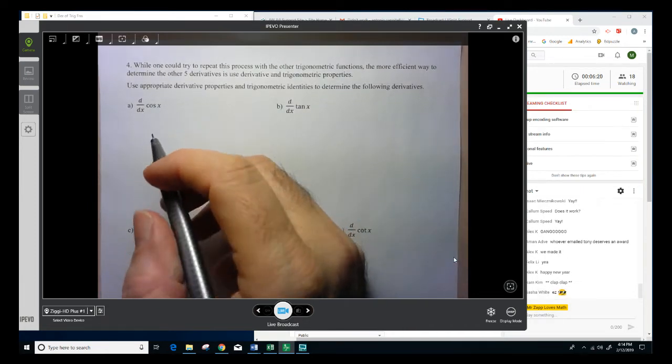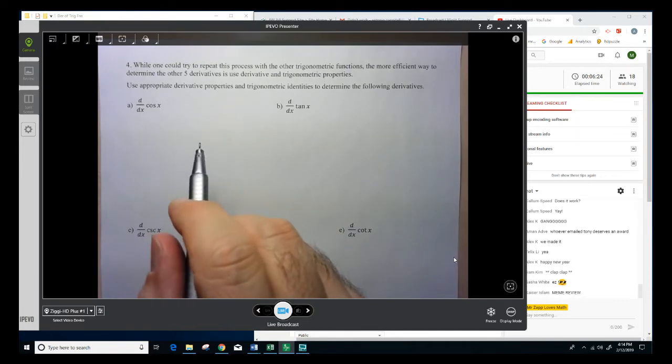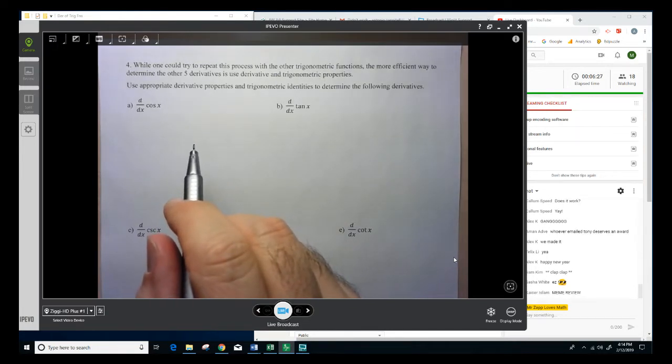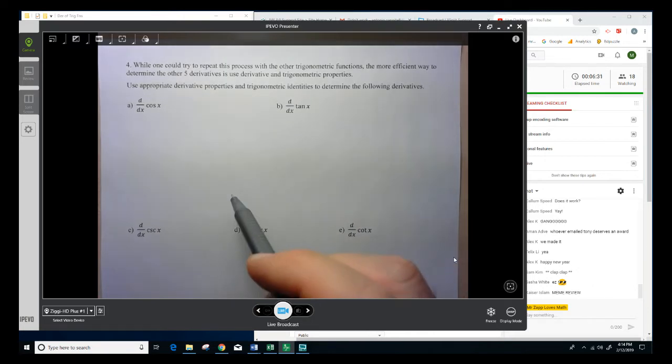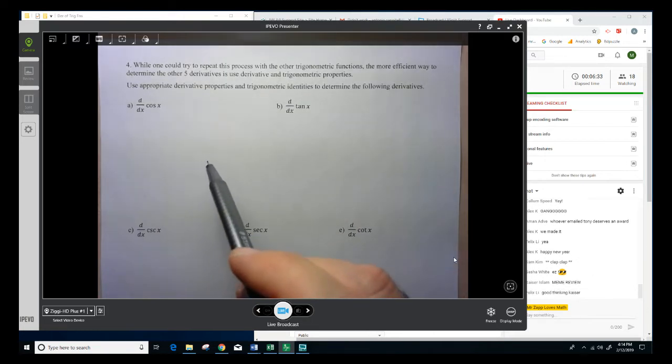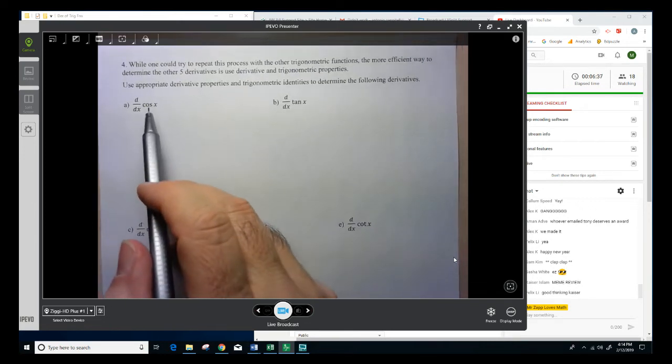So what we could do, and what we're not going to do, is use the limit definition for all the trigonometric functions, because each of these functions can find their way back to sine x. So the question is, how can cos x find its way back to sine x?